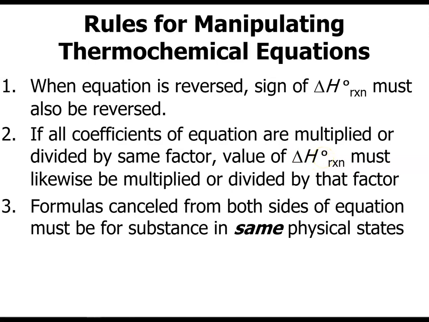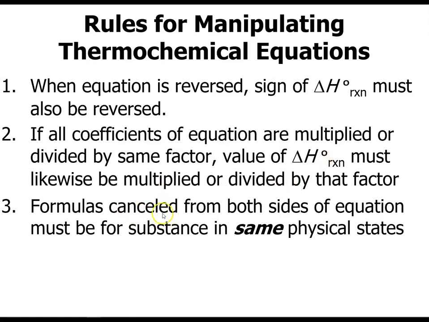So if we start in standard conditions where everything is 1 mole and we get out 100 kilojoules of energy, if we want 2 moles, we have to multiply that 100 kilojoules by 2, so we get 200 kilojoules of energy. So whether multiplied or divided, it's a ratio based off of the standard conditions.